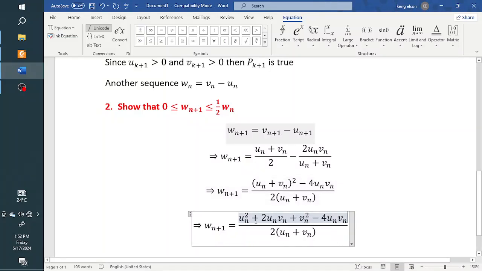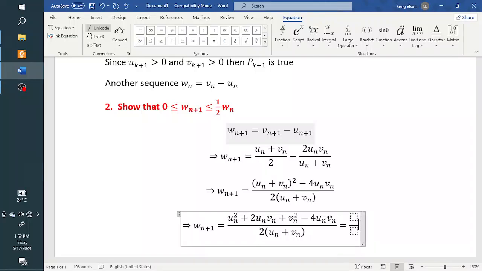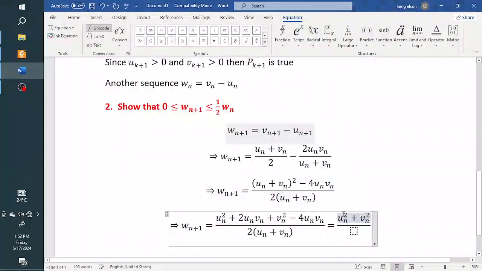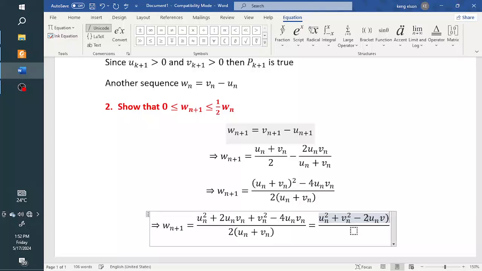Now if we bring like terms together, you realize that you are going to have u_n squared plus v_n squared. Now 2 u_n v_n minus 4 u_n v_n just gives you negative 2 u_n v_n.